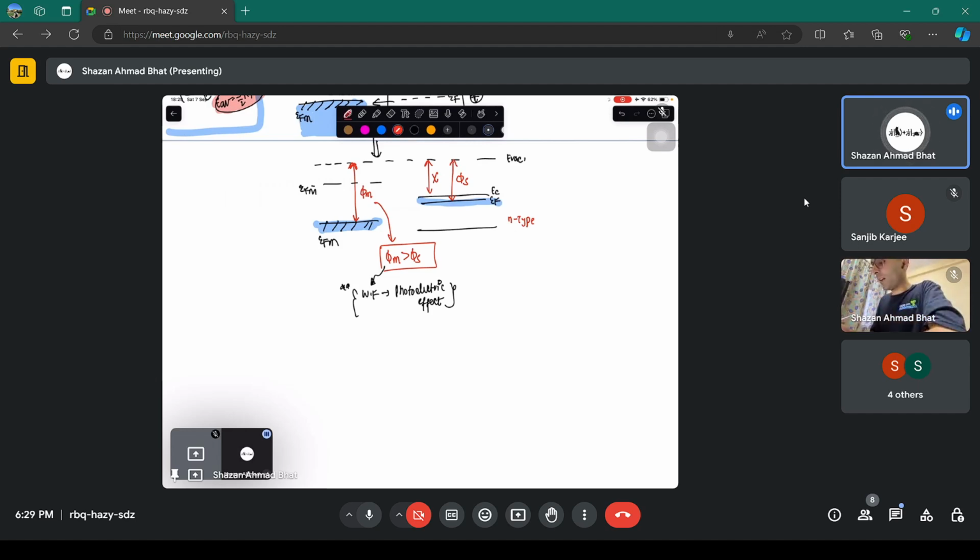And you call this particular thing ionization potential. If you directly knock off the electron from the valence band to the vacuum, this is called ionization potential. You ionize that particular molecule or atom.